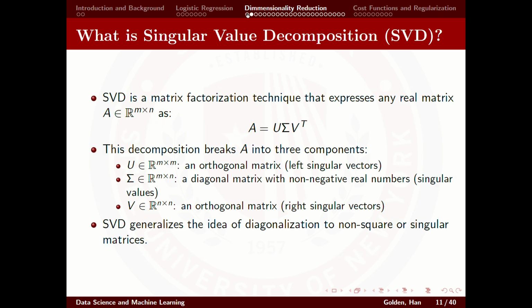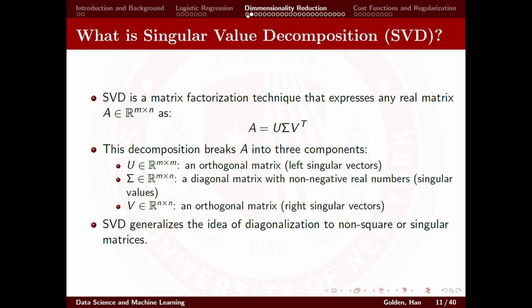Singular value decomposition is like eigendecomposition, but the main difference is it works with non-square matrices. SVD is a matrix factorization technique that expresses any real matrix as a function of U, sigma, and V transpose.